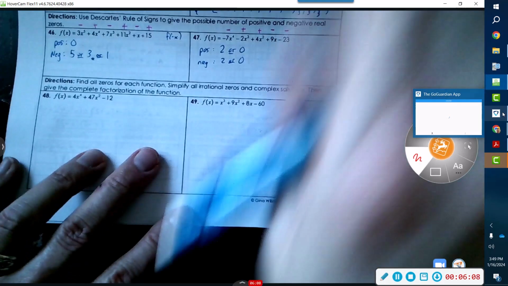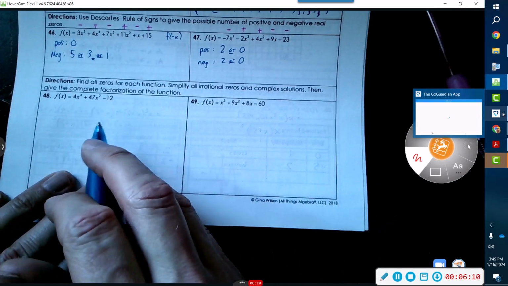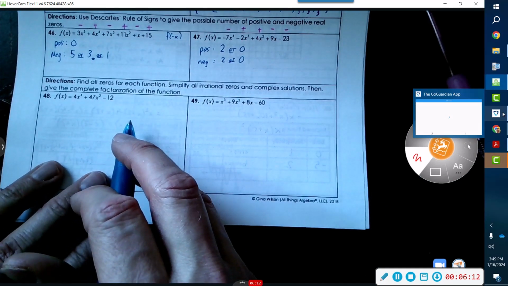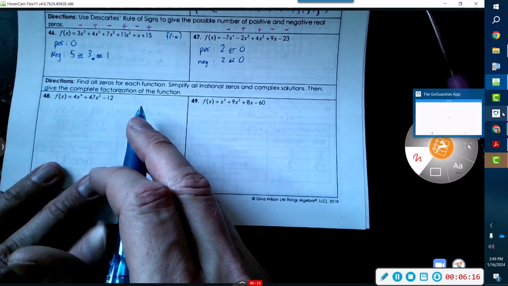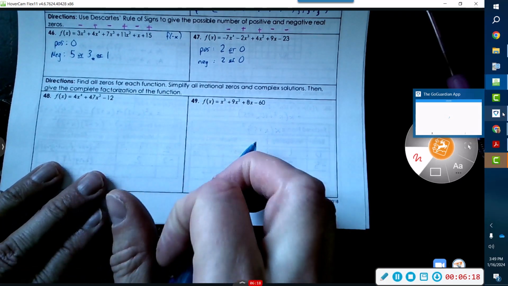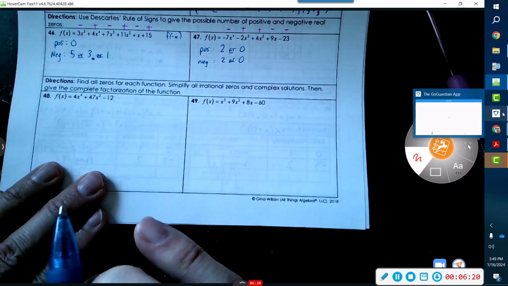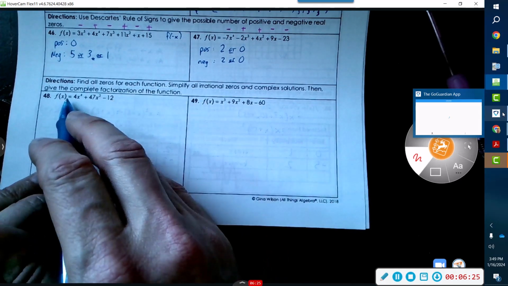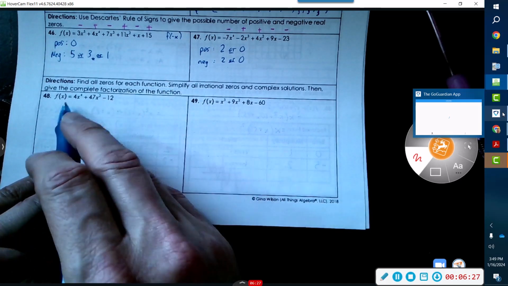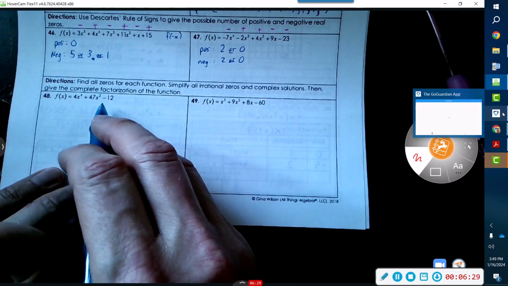Six minutes. Okay, now we're going to find all of the factors here for 48 and 49. Okay. So let's see what we can pull up. Oh, this is actually quadratic form.